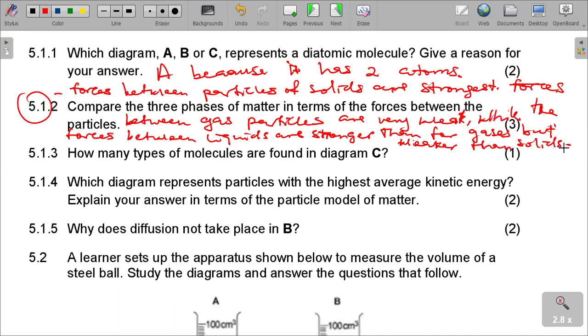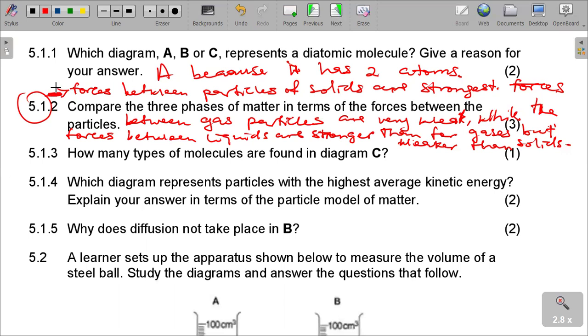That is the comparison. So the answer for question 5.1.1 starts here. Forces between particles of solids are strongest. And then forces between gas particles are very weak. While the forces between liquids are stronger than for gases, but weaker than solids. That is the comparison that we can give.